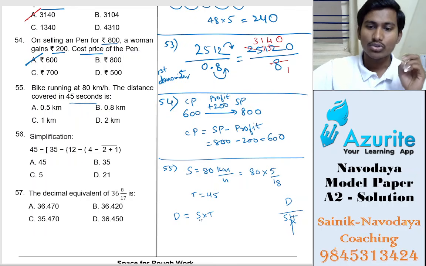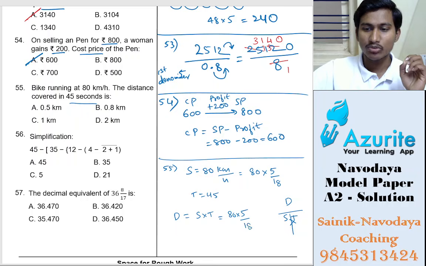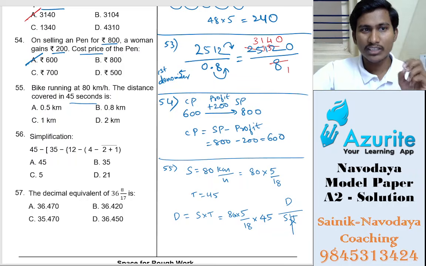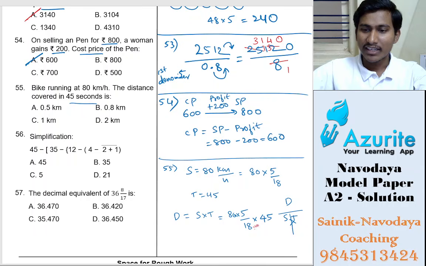Now here speed is given as 80 into 5 by 18. You write it the same. So 80 into 5 by 18 into time, which is 45. Now let us cancel it out first. 9 we can cancel: 9 2s are 18, 9 5s are 45.